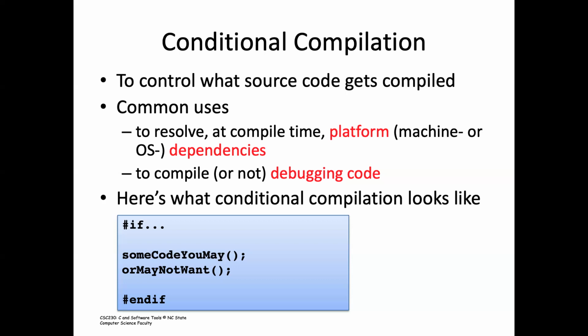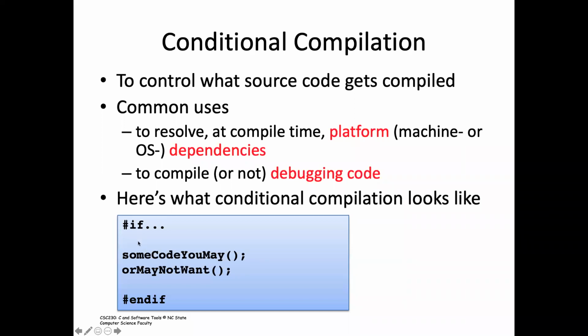Conditional compilation is going to look kind of like what I'm showing at the bottom of this slide. It's going to be directives that look like if-else statements. In fact, this is a preprocessor directive that we'll learn in a couple of slides. #if says whether or not to include the next sections of code up to the matching #endif.